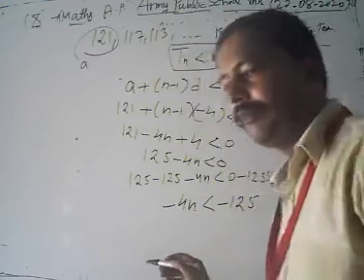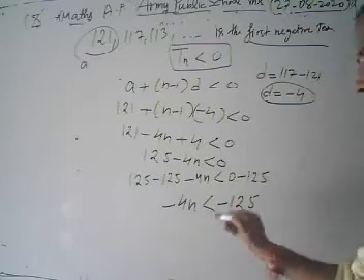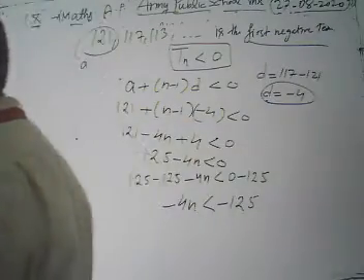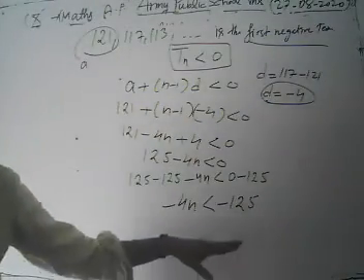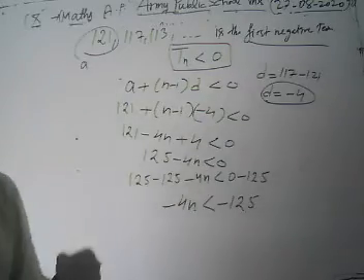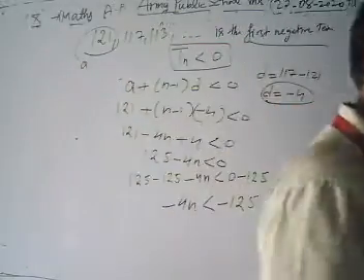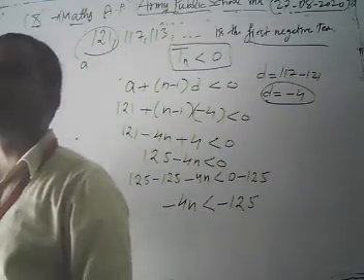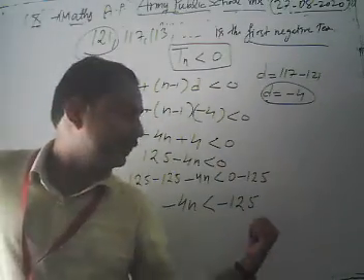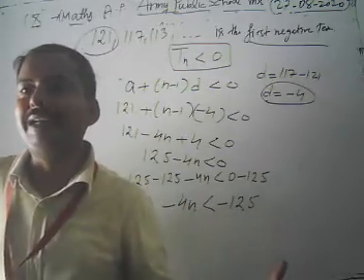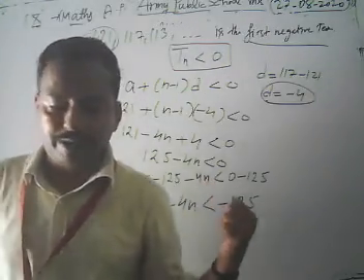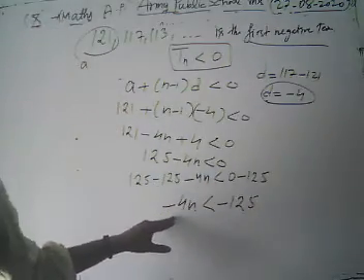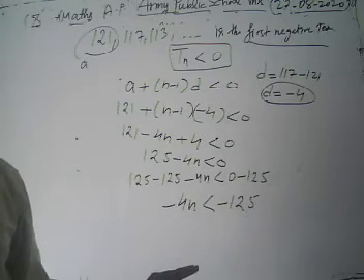Now look, here we are not going to cancel out these minus signs because it's an inequality sign. The cancellation law only follows when there is a sign of equality. It's a sign of inequality, so we cannot cancel out minus with minus.